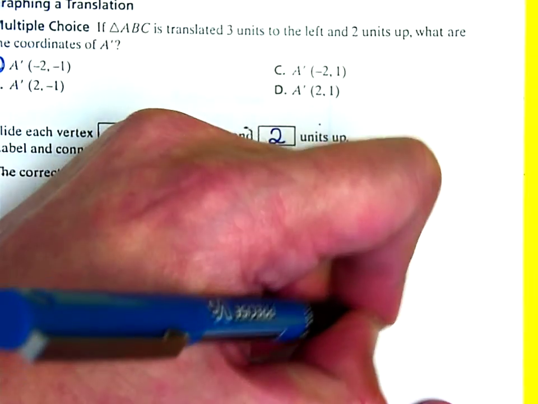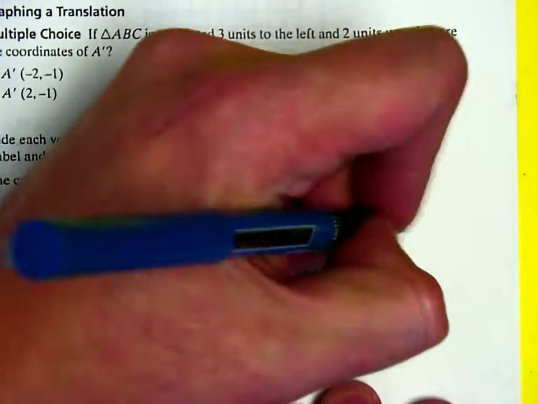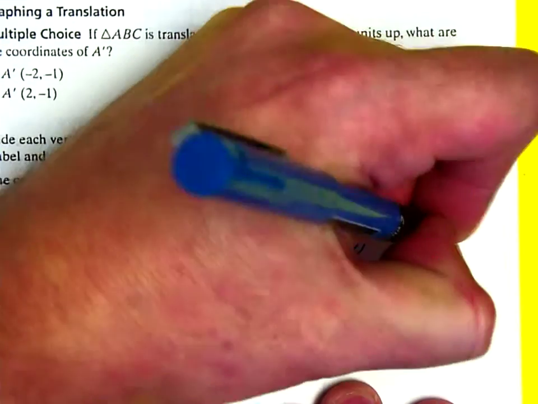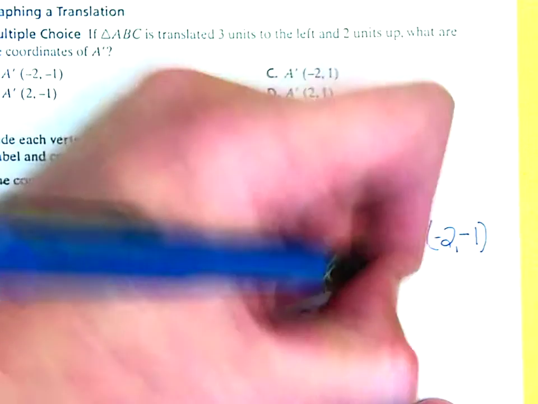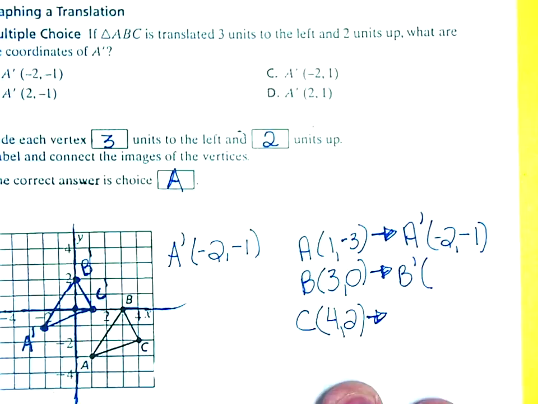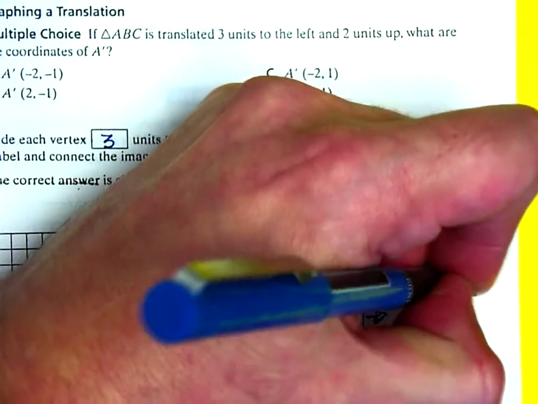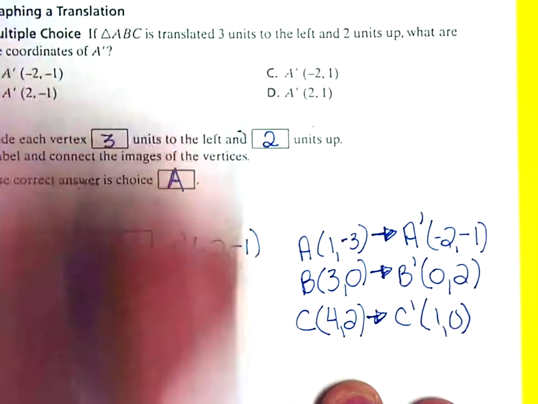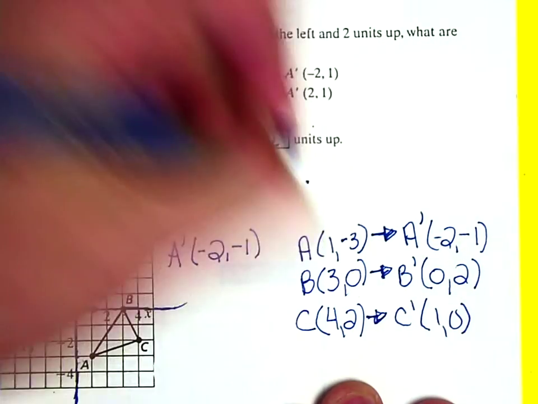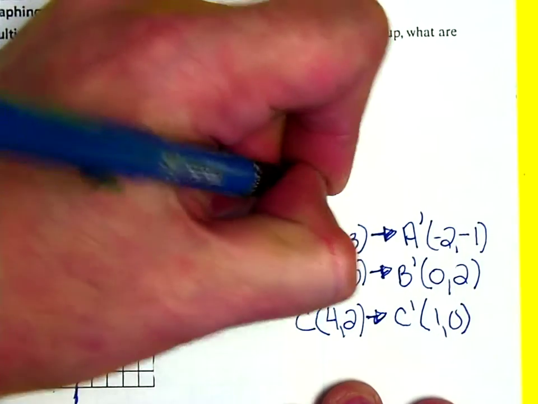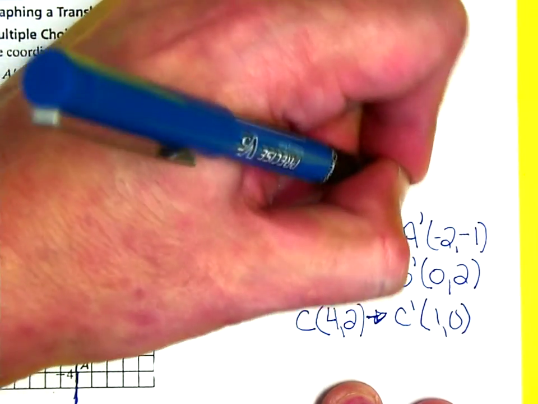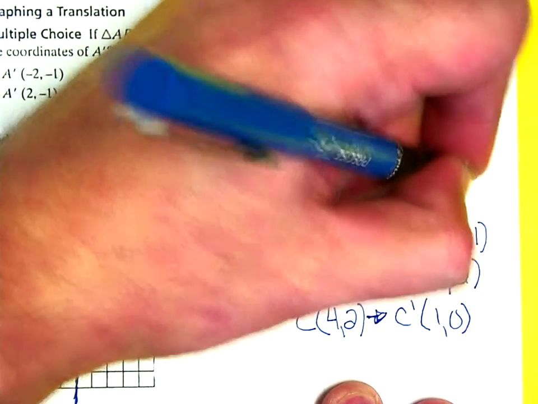We're doing a slide, and all those points became brand new copies. So we have A prime, which was now at -2, -1, like we just discussed. We have B prime, which is now at 0, +2. And then we have C prime, which is at +1, 0. This is what we call translational notation, or translation notation.